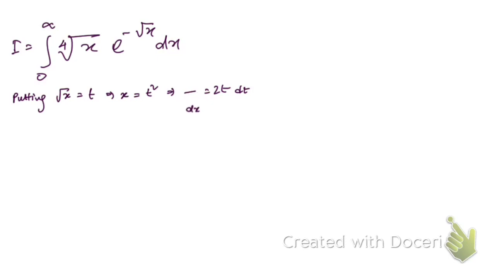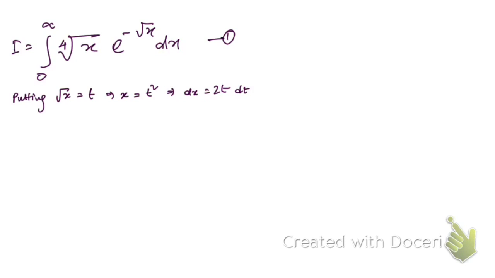So hope you have understood this. So we have got dx is equal to 2t dt. This is suppose equation 1.